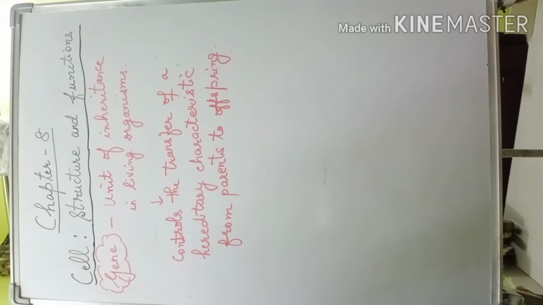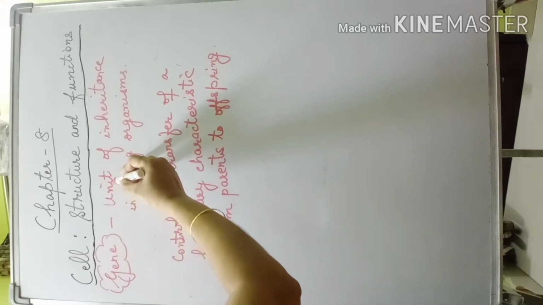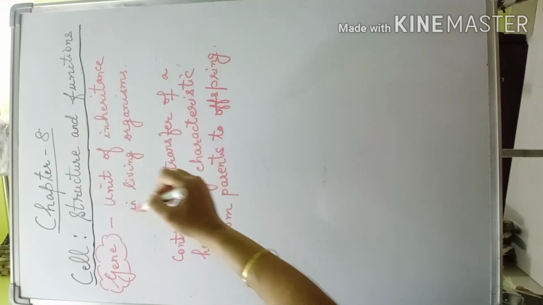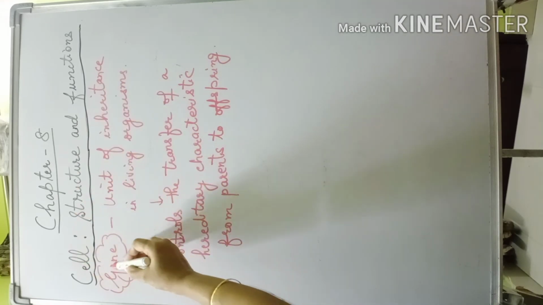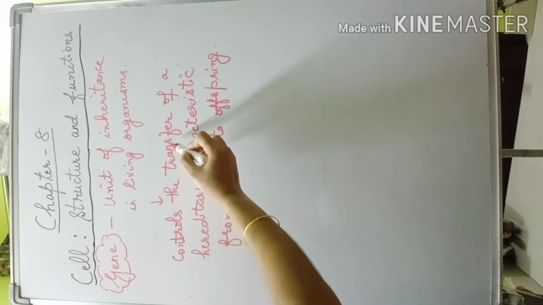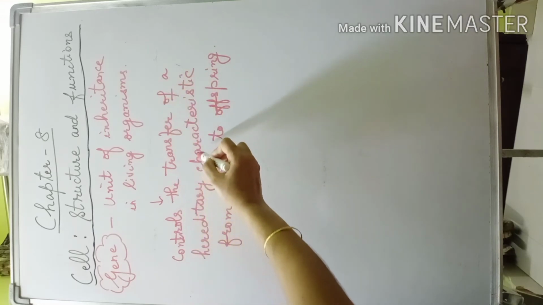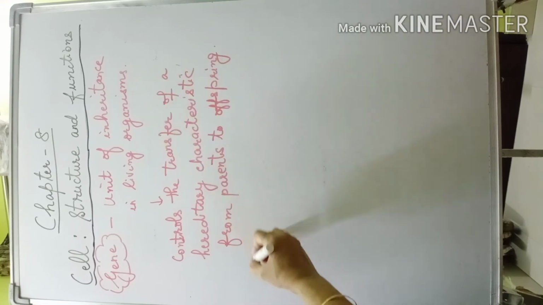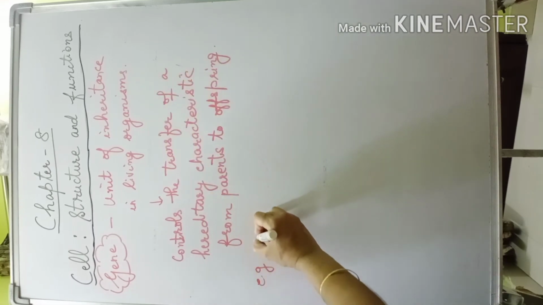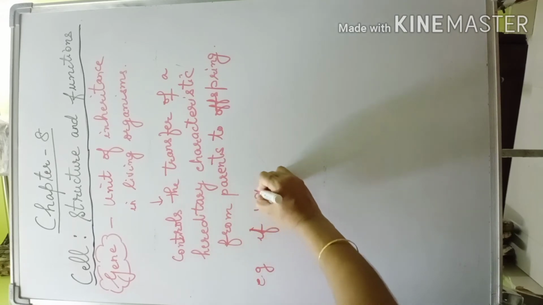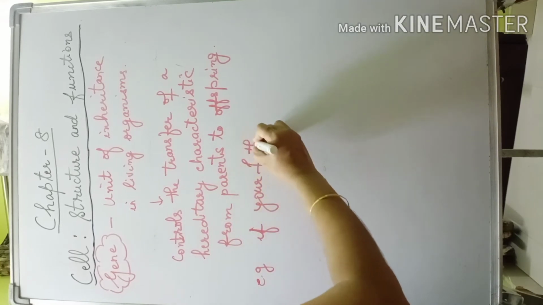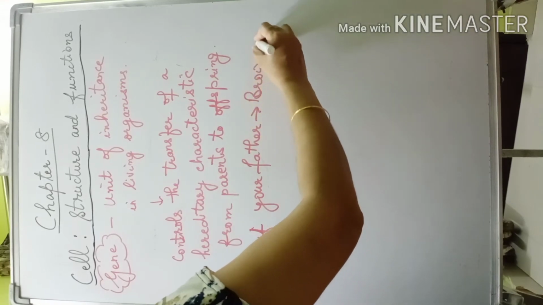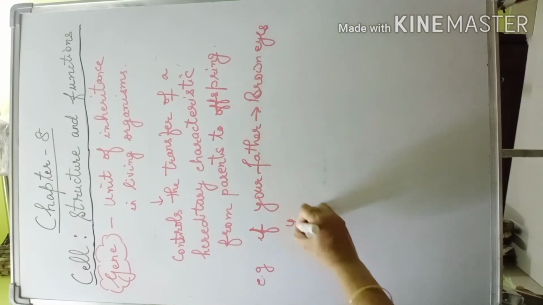So what is a gene? Gene is a unit of inheritance in living organisms. It means genes control the transfer of a hereditary characteristic from the parents to the offspring. For example, if your father has brown eyes, you may also have brown eyes.